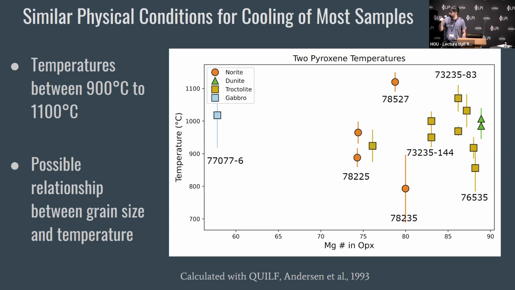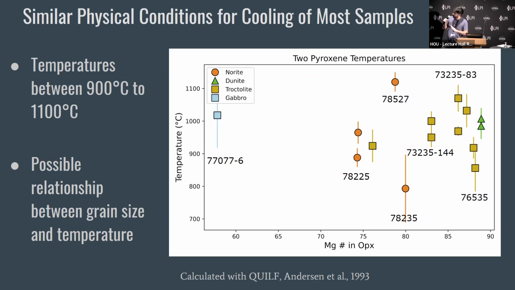The middle ones are not as coarse, and the one that definitely has the finest grain is 78527, which seems to have the highest temperature.